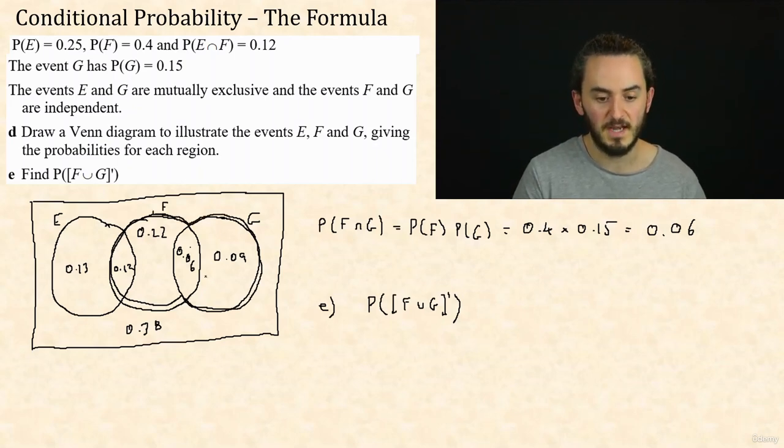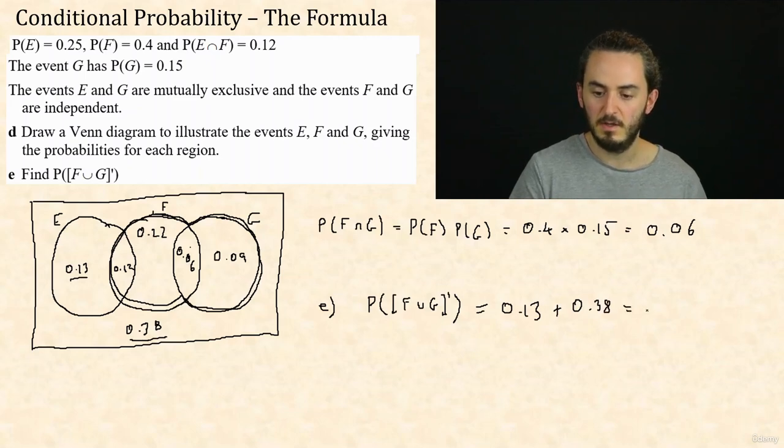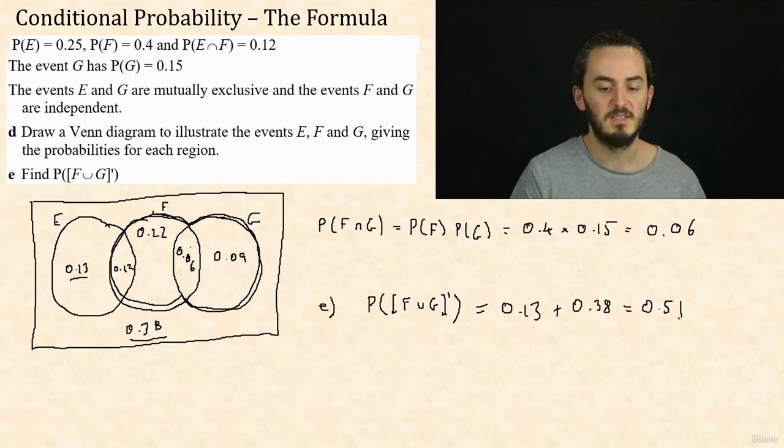So we want not that. So what are the things which are not in F or G? Just this and this. So the probability of not F or G is that plus that, which is 0.51. So 0.51 is the probability of not F or G.